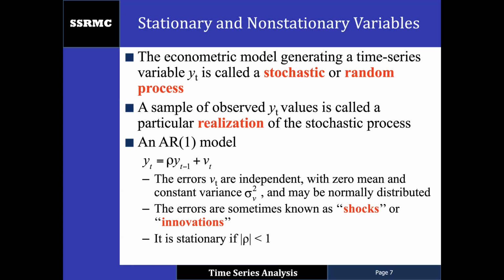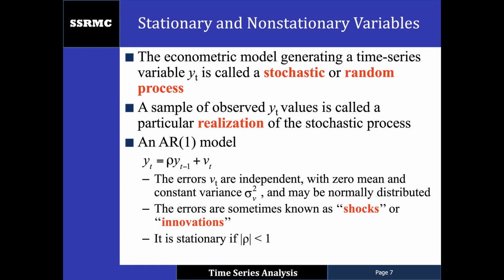We now need to introduce several terms in time series analysis. The first one is stochastic or random process. That's basically another way to say we have an econometric model. It's an equation. This is how the value of y is generated, and we call it a stochastic or random process.